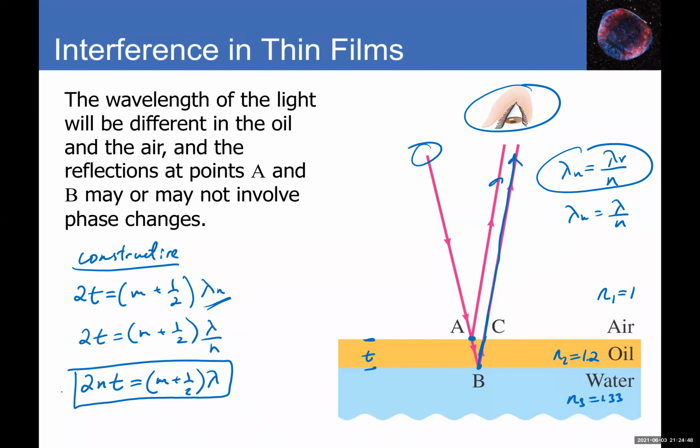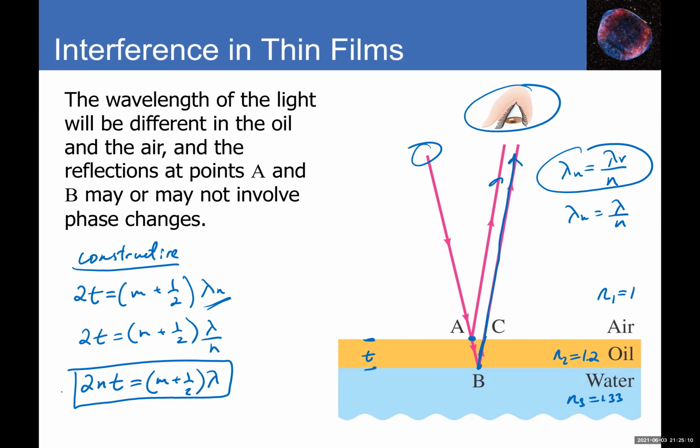Which means that if the phase difference for two waves is m times lambda, there's a 180-degree phase change between them.